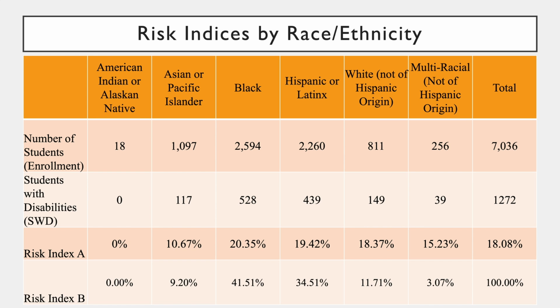In particular, it lets us tell the story of what it means for a specific group to have an overall percentage of that population experience disproportionality, as well as see how that group is faring when we just look within a specific category, like students with disabilities.